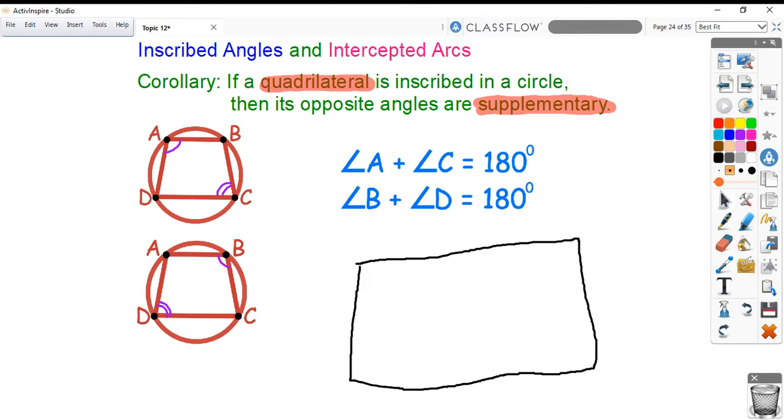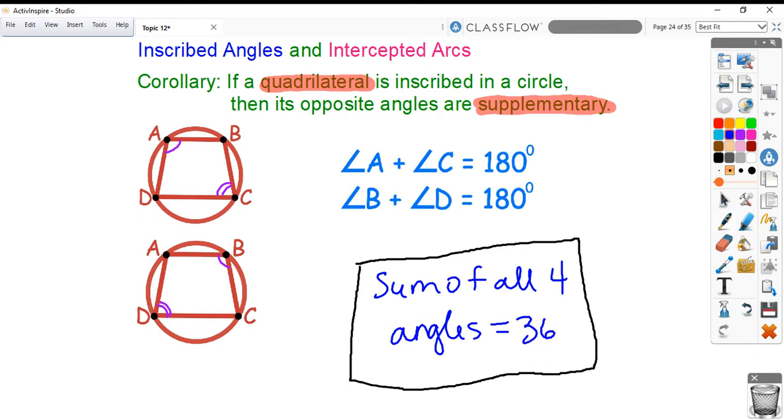So when you consider that, there's something very important that we can draw from this, and this is what you're going to fill in the box on your page. The sum of all four angles in your inscribed quadrilateral, let's try saying that 5 times fast, is 360 degrees.